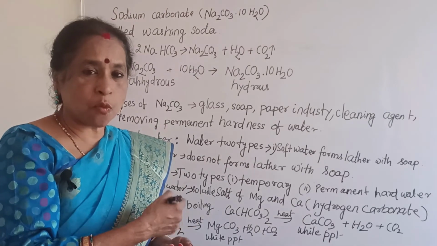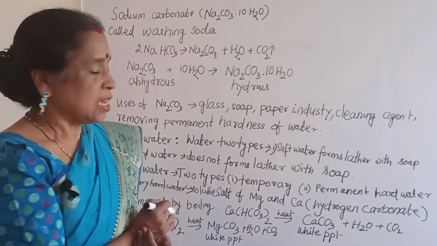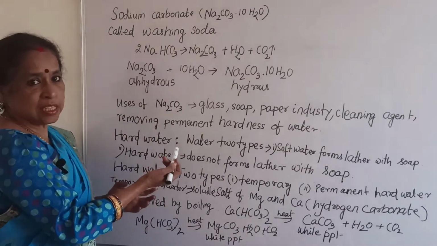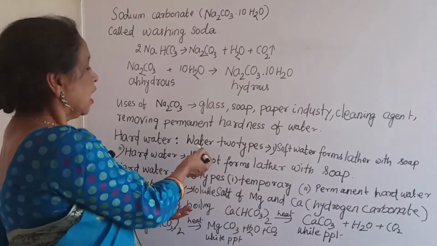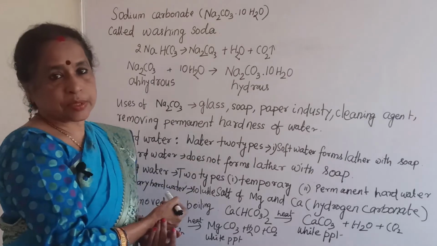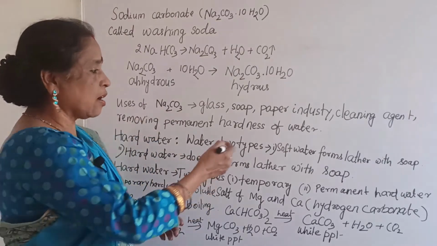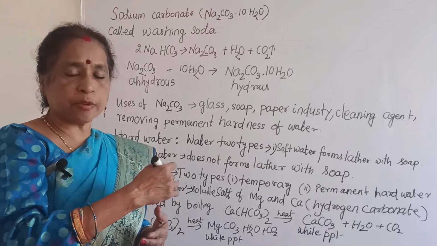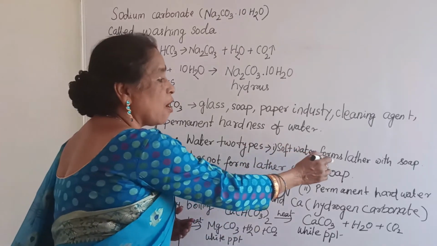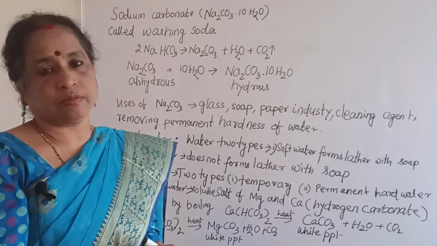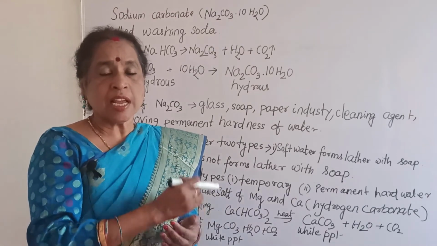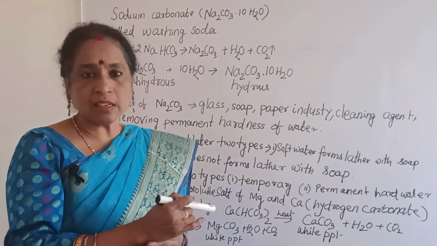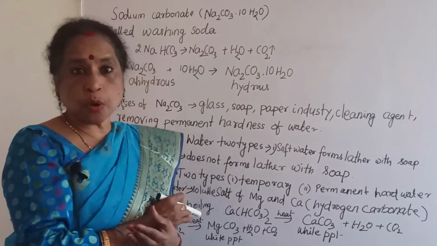Then you will think, what is meant by hard water? See, generally the water you are using is of two types. One is hard water and the other is soft water. Soft water is one which forms lather with soap. Soft water means it forms good lather with soap.